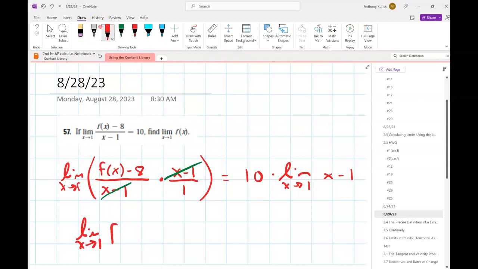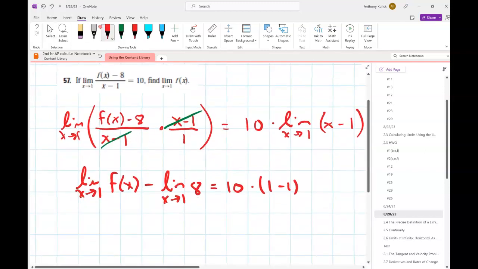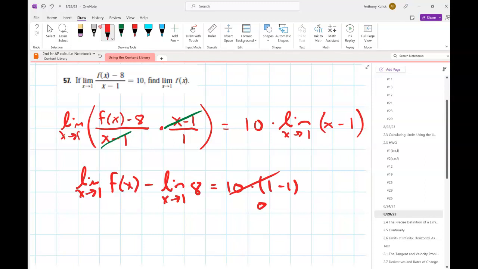And now I'm going to use my limit properties so I can distribute that limit. And here, that's continuous. Or I'm sorry, it is polynomial. So I can direct substitute there. So that just goes to 0, right? So the limit as x approaches 1 of 8 is just 8, right?